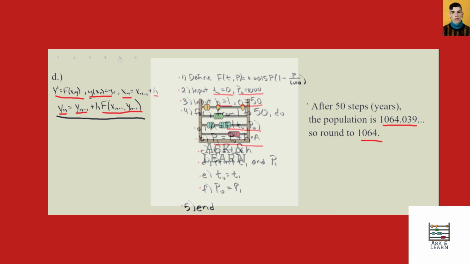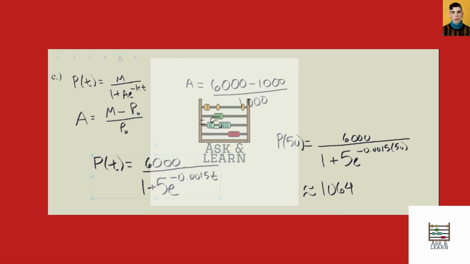All right, so now part E wants us to actually find a solution here if we have an initial population of 1,000. So that is what we're doing here. Sorry, this is our solution to this differential equation, and that comes from this section in the book.